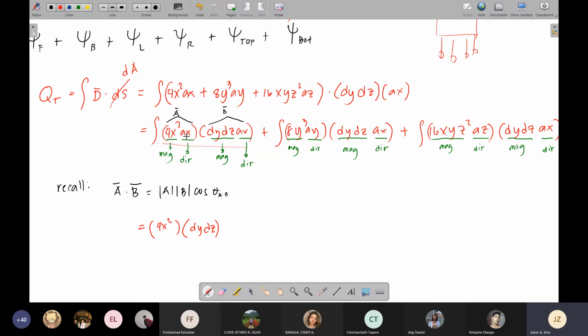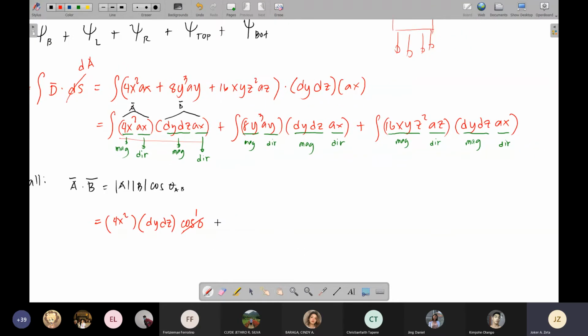Vector A's direction is ax, meaning it is on the x-axis. Vector B's direction is also ax, so it is also on the x-axis. What is the angle between them? No angle, in numerical value that is 0. So this will be cosine of 0, and cosine of 0 is 1.